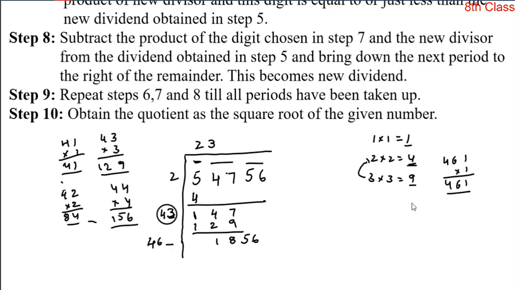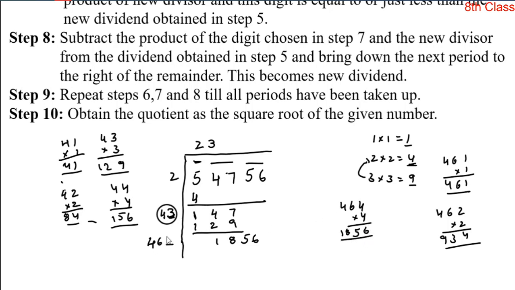If you fill this blank with 2, 462 into 2 is 924. And 464 into 4, that means I replace this blank by 4 and multiply the total number by the same digit. 4 4's are 16, 6 4's are 24 plus 1 is 25, and 4 4's are 16 plus 2 is 18. It is equal to 1856.